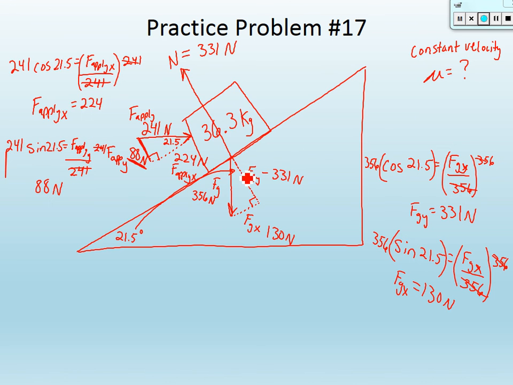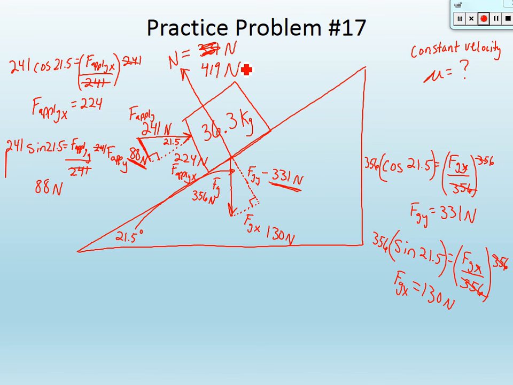F_gy. So let's add those two together, because that's everything down. So what's 331 plus 88? It's equal to 419. So if everything down is 419, what does that tell us about the normal force? It's got to be 419. Do you guys see why that normal force went up?